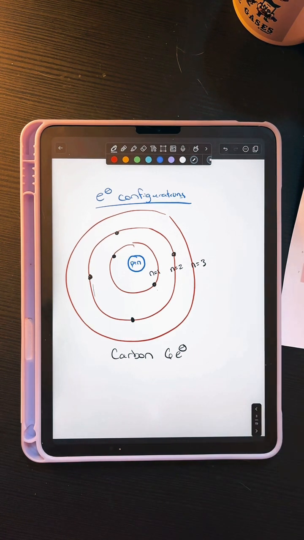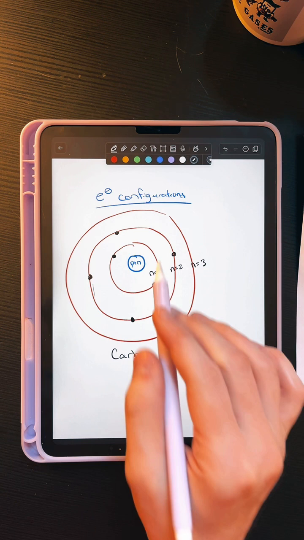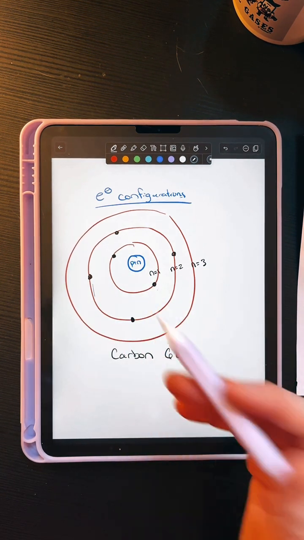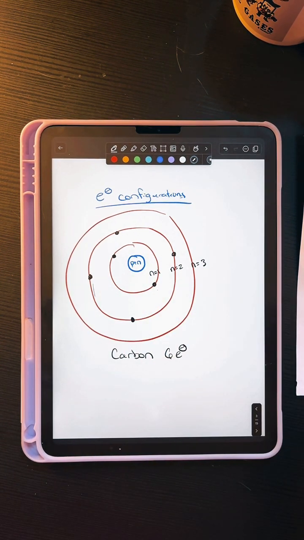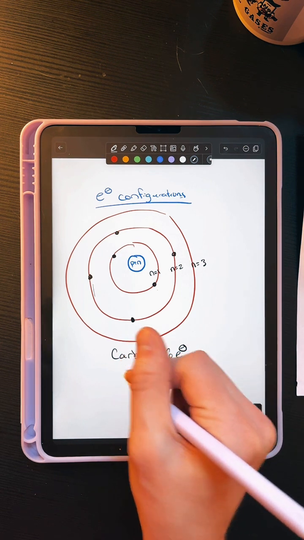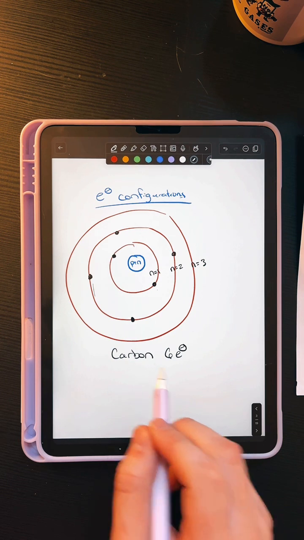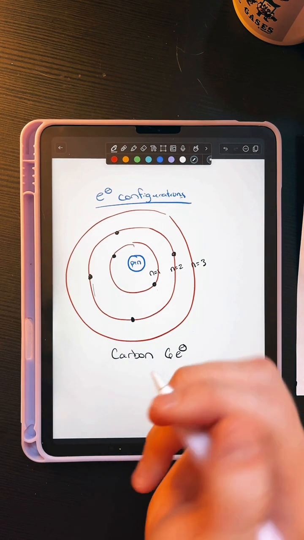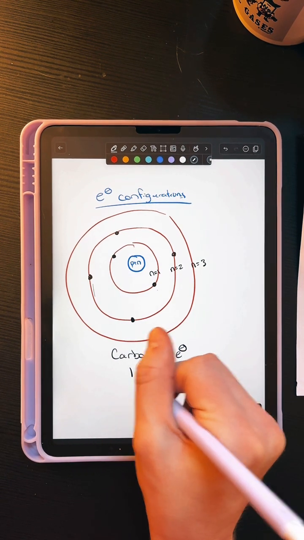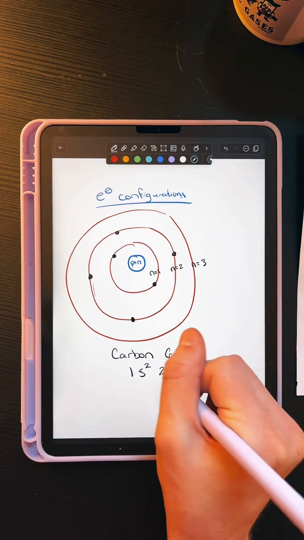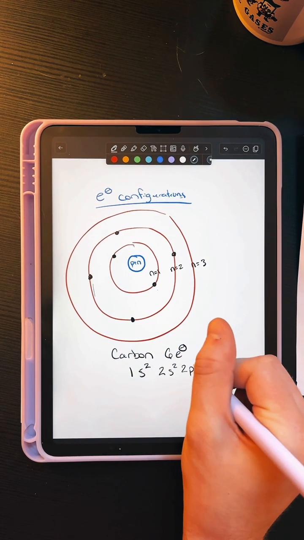Because an electron configuration is just a barcode, really, to tell us how many electrons we have. So let's say, I'm going to write the electron configuration for carbon, and then I'll tell you how I figured it out. I would much rather write this. So we have 1s2, 2s2, 2p2.